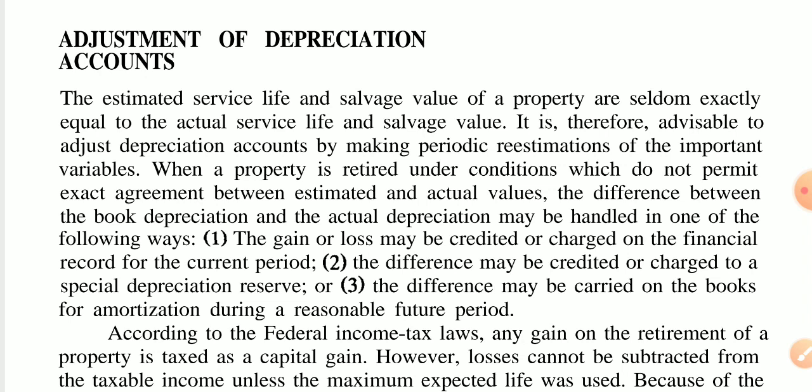The gain or loss may be credited or charged to the financial record for the current period, or the difference may be credited or charged to a special depreciation reserve. The difference may be carried on the books for amortization during a reasonable future period.